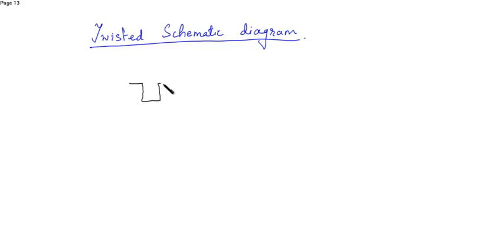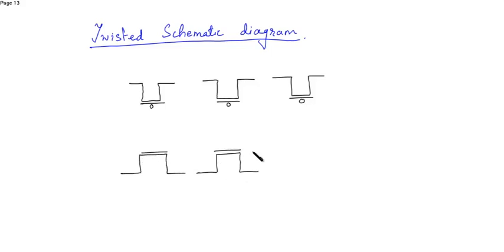So draw first the 3 PMOS, then the 3 NMOS. Now just name them as P1, P2, P3, N1, N2 and N3.